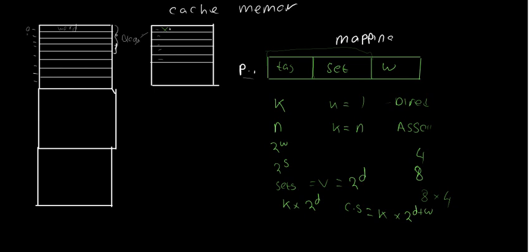It's 2 to the power w times k, because each line is 2 to the power w, times the number of lines we have. Then if we multiply that by the number of sets that we have, we get the size of our entire cache.